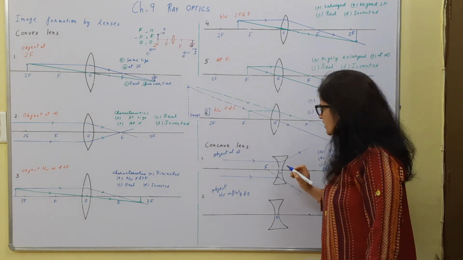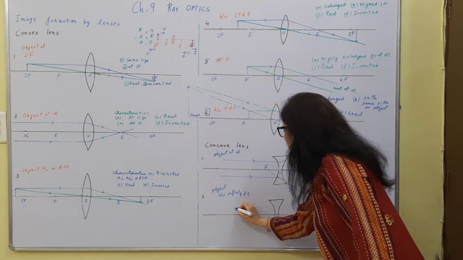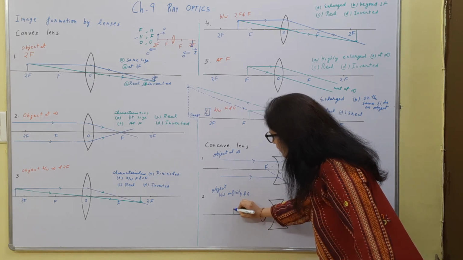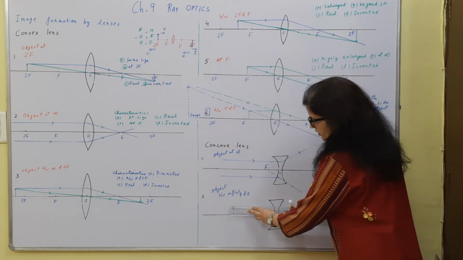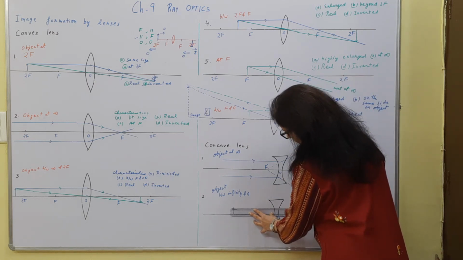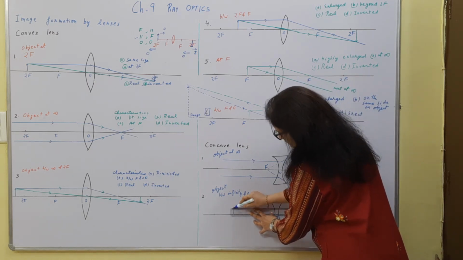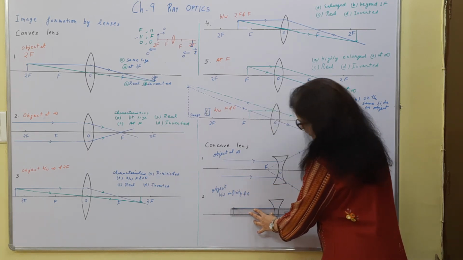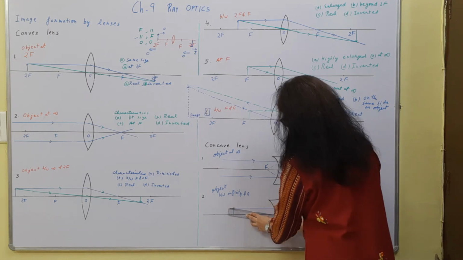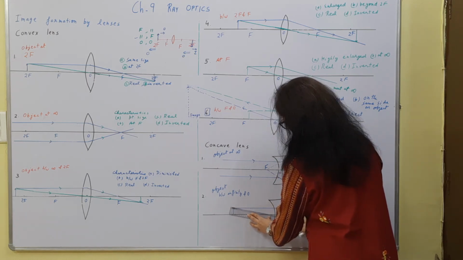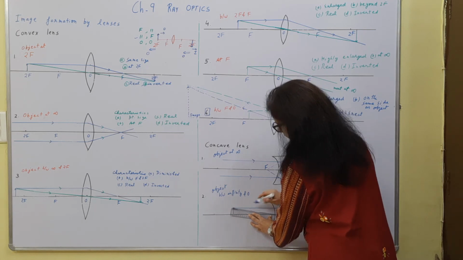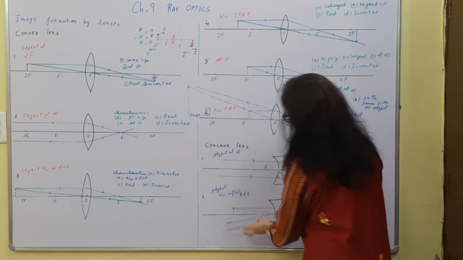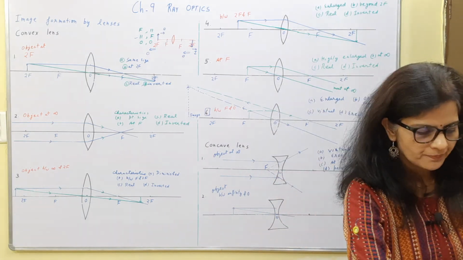Then we have the last case where we can take the object anywhere between infinity and optical center. So here we can take one ray like this, and the second ray, optical center obviously. So the second ray is passing through the optical center.